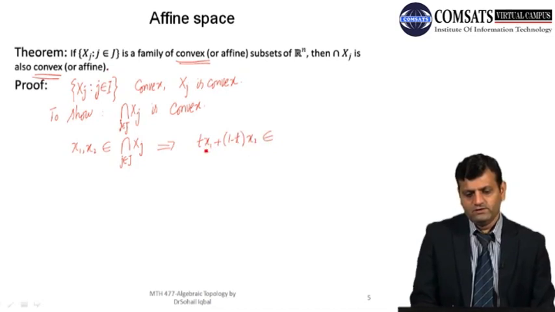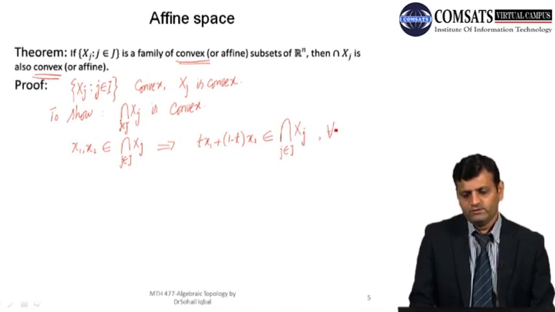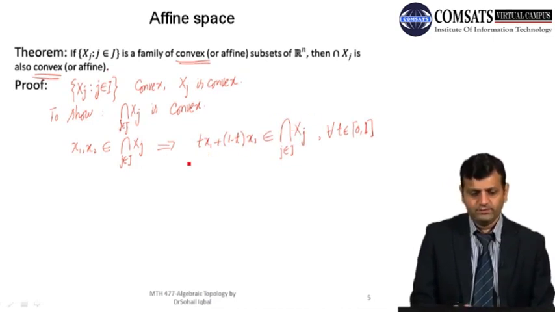So we can say that for every t, this point belongs to the intersection of xj over j in capital J. So for every t, this is a point of this set, or in other words, this line segment is contained in this intersection. So that's what we have to show.